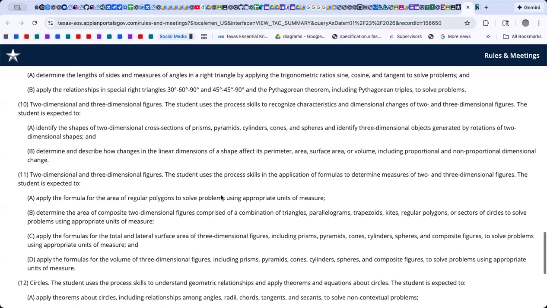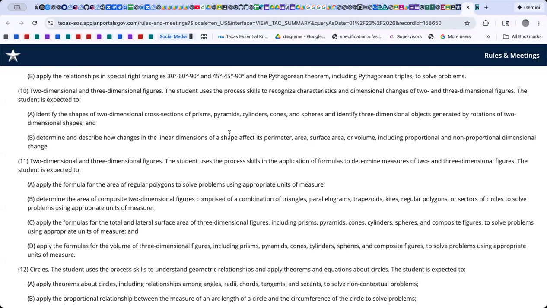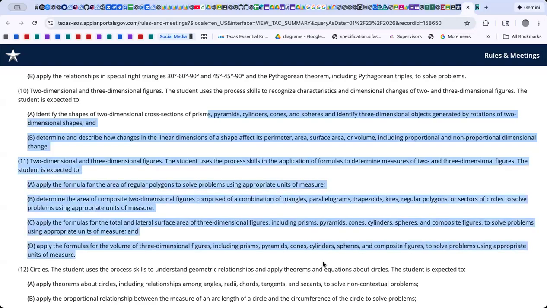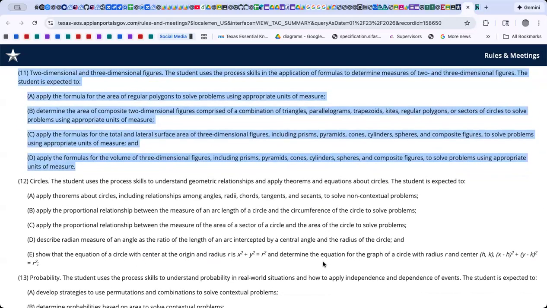Now, for this week, let's go ahead with 2D, 3D figures. We will start working on 2D and 3D figures. Any questions for me? Any questions, or do you need help on any other topic that we have covered?